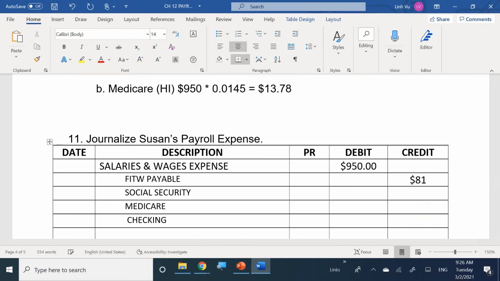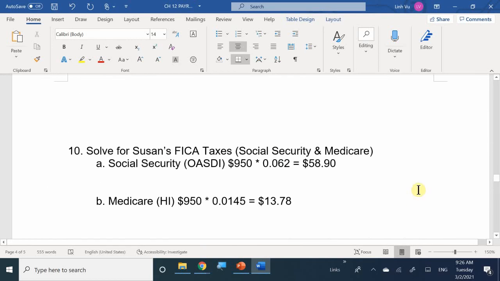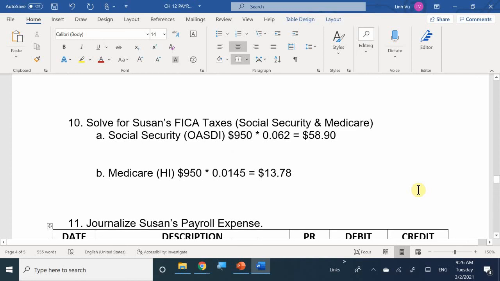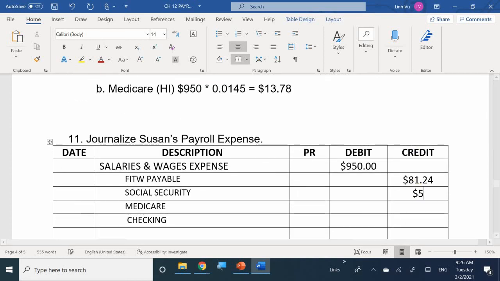$81.24. How much Social Security did she have to pay in? $58.90. And then how much Medicare? $13.78. So therefore, what is her total paycheck going to be?